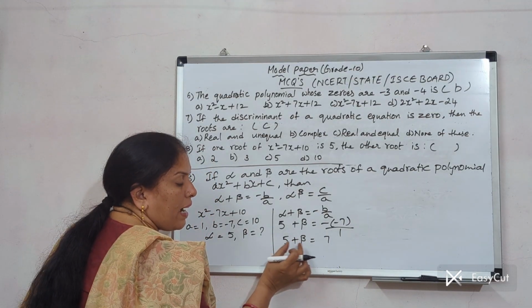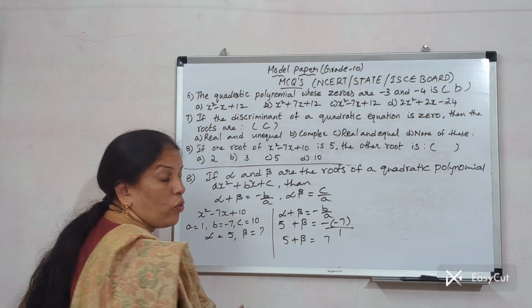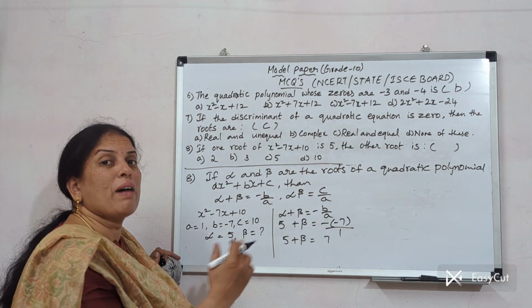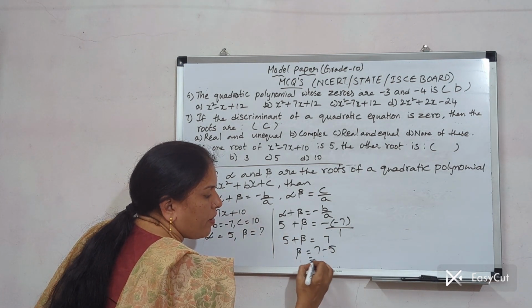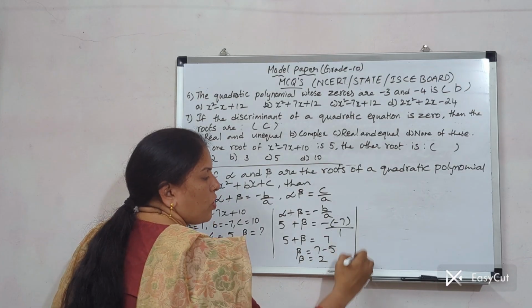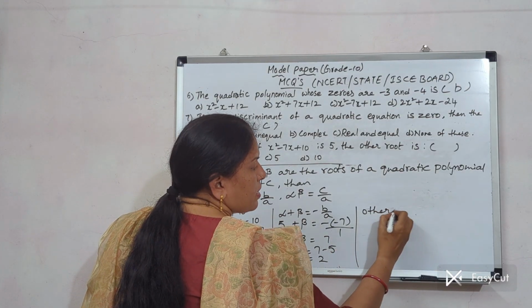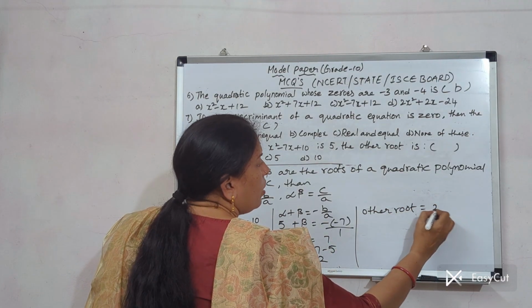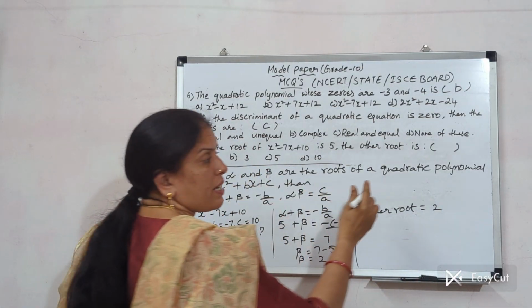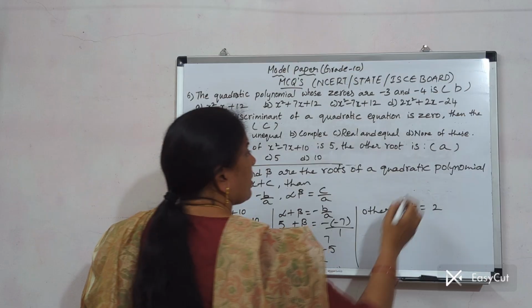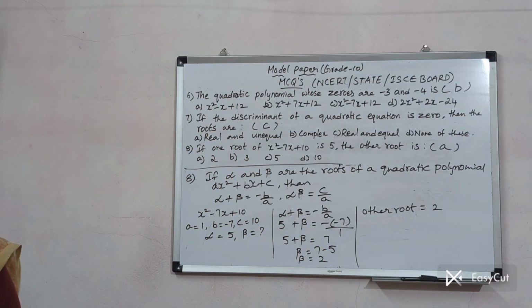I want beta, so I am sending this 5 to that side, and it becomes minus 5. Beta equals 7 minus 5 equals 2. So the other root is 2. Where is 2? Here is 2. Which option is right? A option is correct.